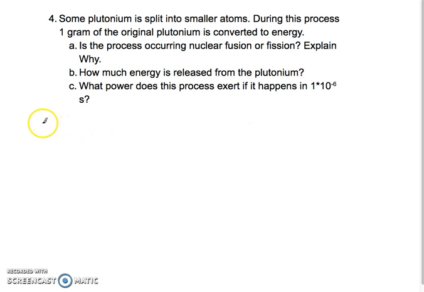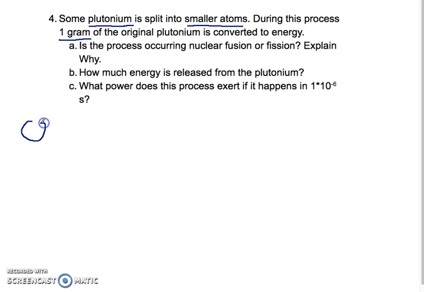Okay, so what do we have here? We have some plutonium, great, split into smaller atoms. During this process, 1 gram of the original plutonium is converted into energy. So let's draw this out, it might be helpful.